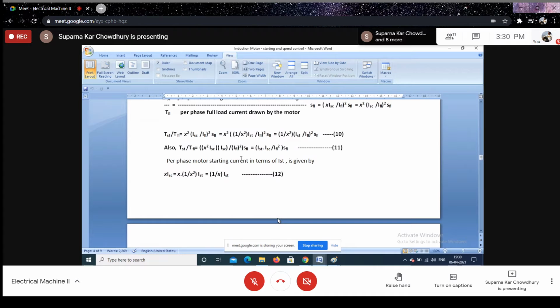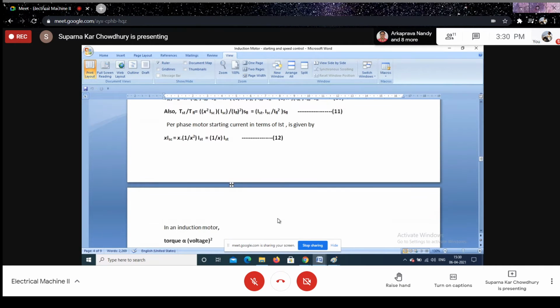So per phase motor starting current in terms of I starting is given by X I short circuit, equal to X into 1 by X square I starting, equal to 1 by X I starting. This is the current drawn from the supply.